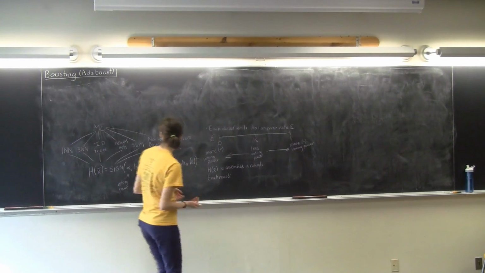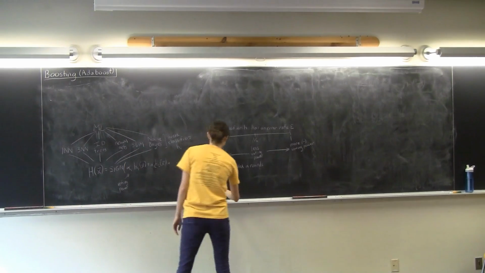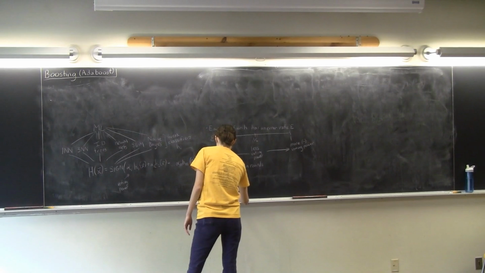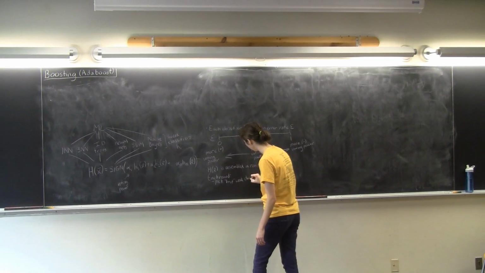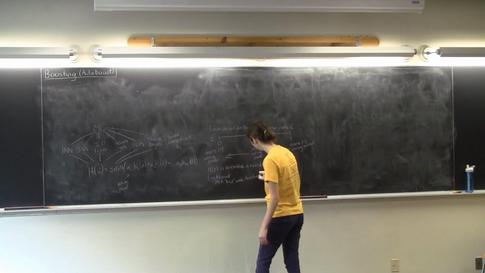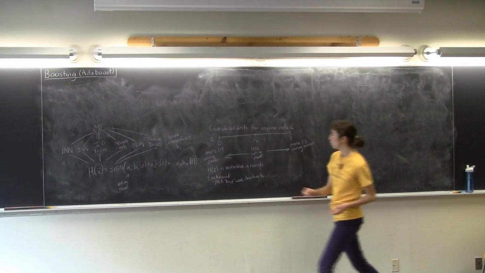We're going to pick the best weak classifier to add to our overall classifier. I'm going to put best in quotes because we haven't defined that yet. I'll pick the best weak classifier, little h. And then we'll assign that classifier a voting power.